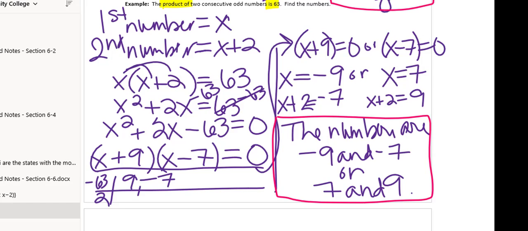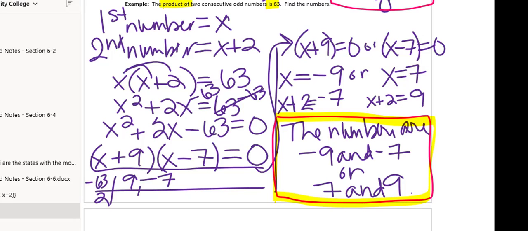They're consecutive odd numbers that multiply to 63. And this would be our solution. And it's okay to have two sets of numbers as long as they make sense.